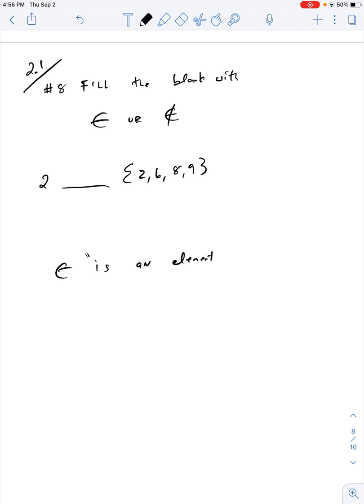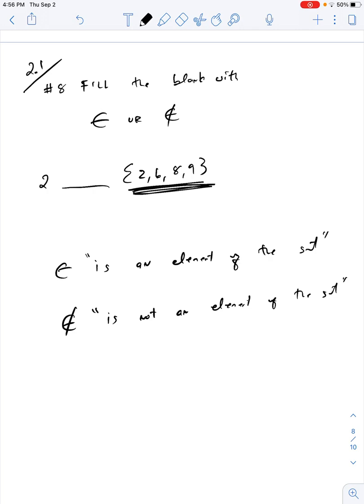an element of the set. This notation means is not an element of the set. This is our set because we have braces around it, and we see that 2 is right in there.